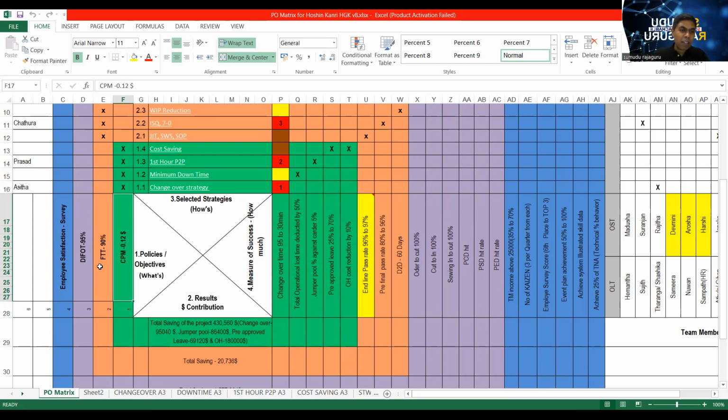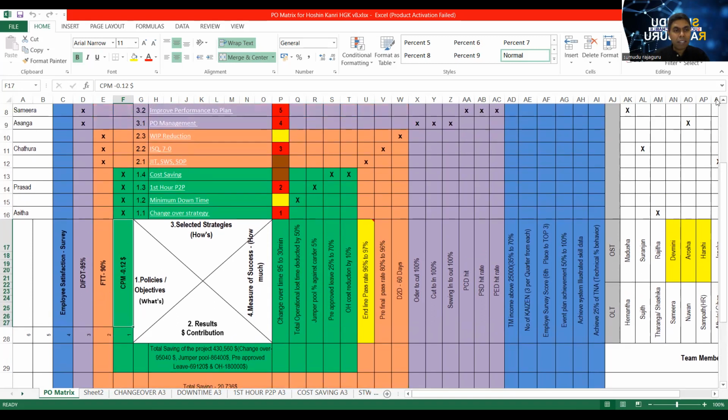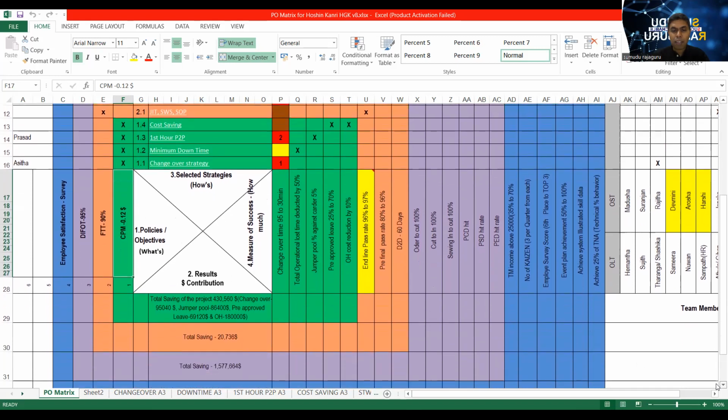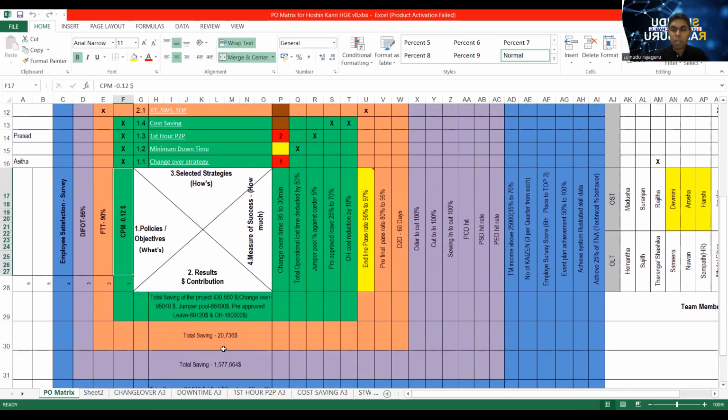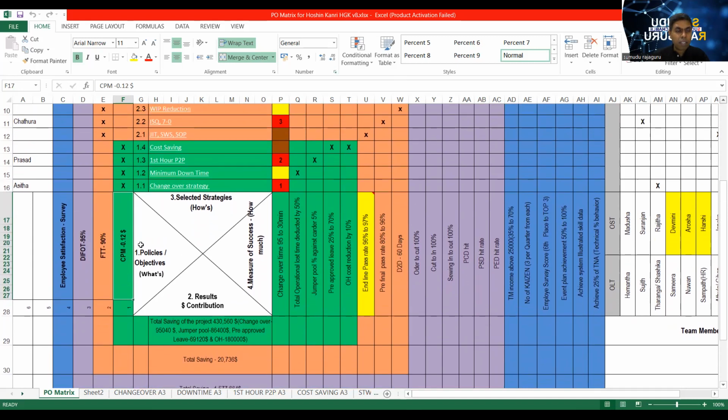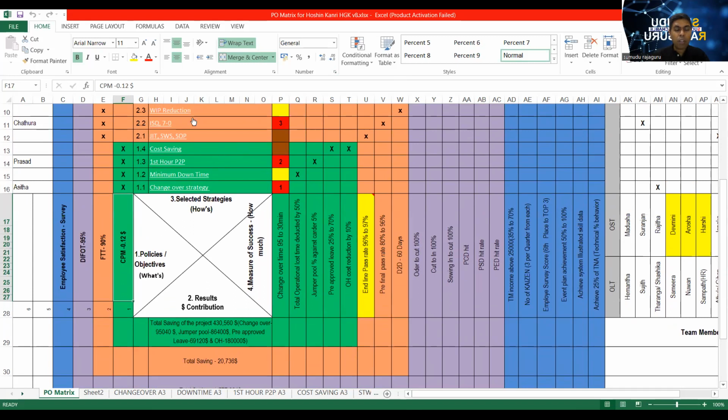So likewise, when we talk about the FTT, how many other strategies are there? 3 strategies here. Those 3 strategies connect with the 3 measurement points. Then this is the expected benefit result. So likewise, for each and every policy, we have to write down and develop the strategies.